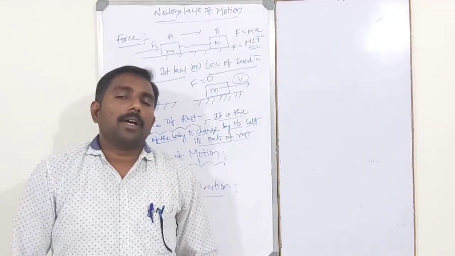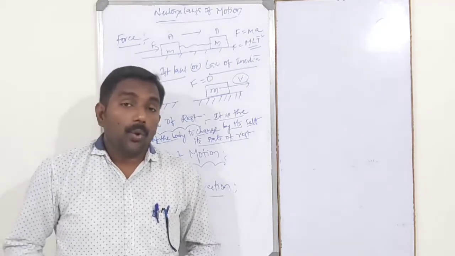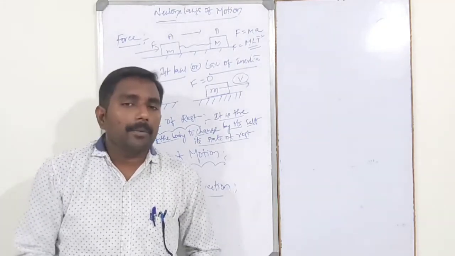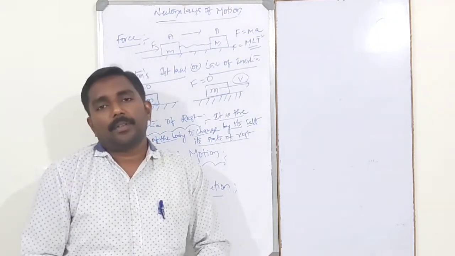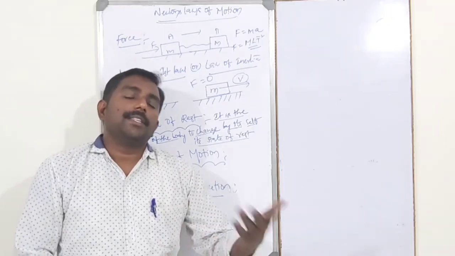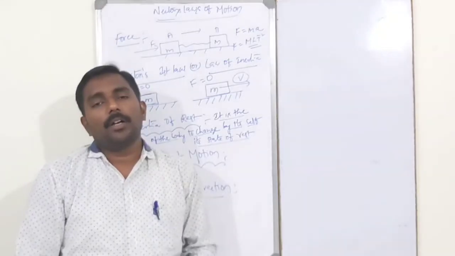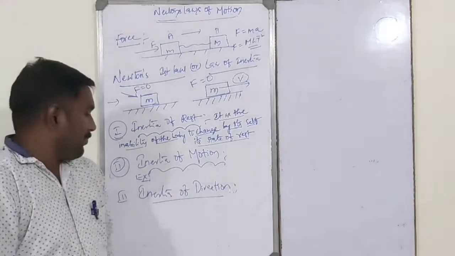Immediately the lower part of the person comes to rest, because the lower part touches the bus. But the upper part is still moving with some velocity. So the person tends to fall in the forward direction. That is inertia of motion.